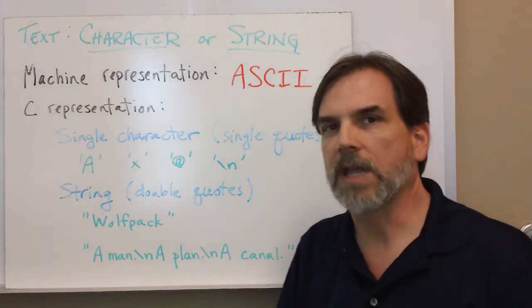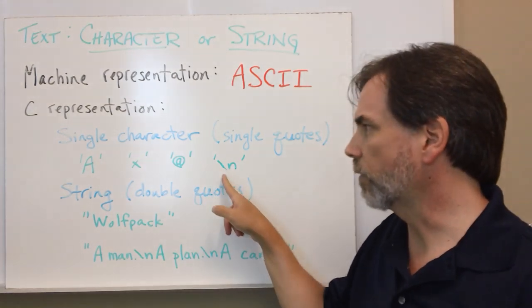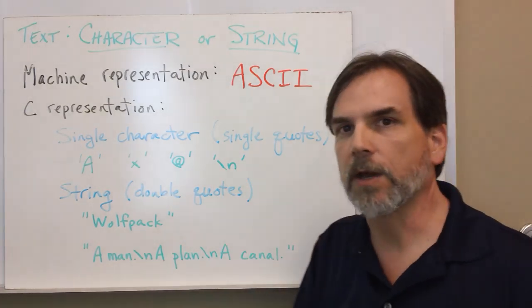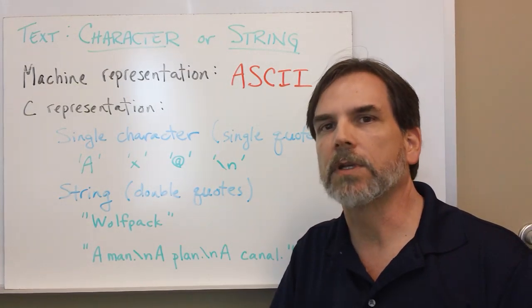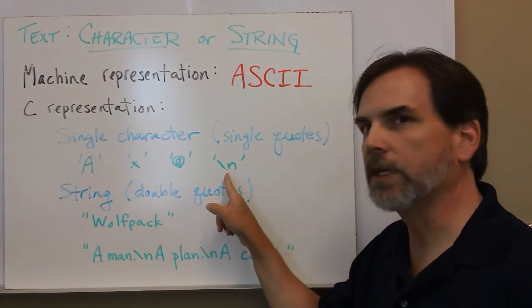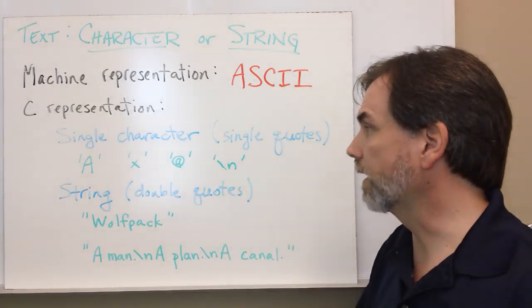Some things don't have a nice printable representation, so we use this special backslash to represent, in this case, the newline character. There are 10 or 12 of these different codes that you can look up and use for special characters, but we'll see \n a lot as the newline character.